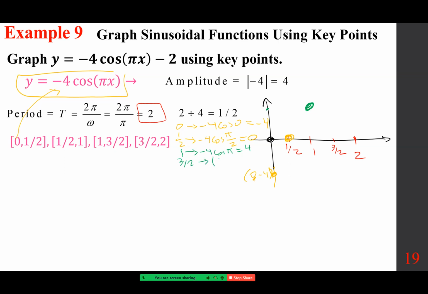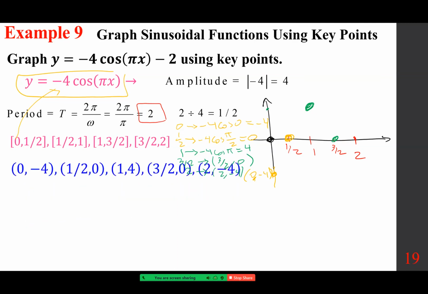So you get 3/2, 0. And if you plug in 2, just like 0, you get -4. Looks something like that. This would be the graph of this function.